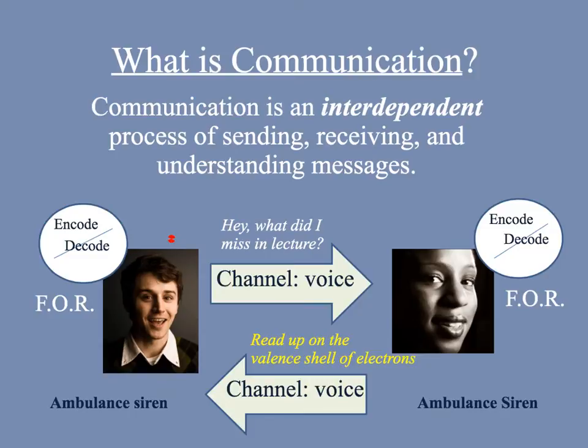And at this point, she gives feedback. Okay, read up on the valence shell of electrons. That's her reply message. And notice the channel for both the sending message and the reply message are voice. There is also an ambulance that happens to be going by at the time, causing some external noise.